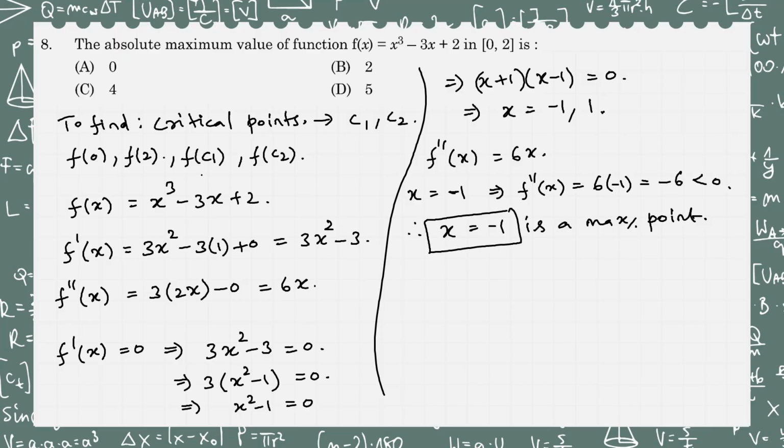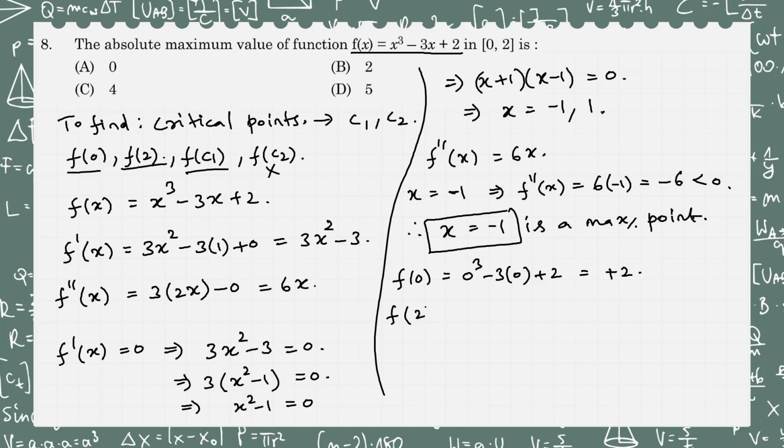So we need f of 0, f of 2 and f of c1. We can ignore f of c2 as I told you. So let us find out f of 0. So f of 0 will be 0 cube minus 3 times 0 plus 2. We can put the values in given f of x, correct? So this is equal to plus 2.